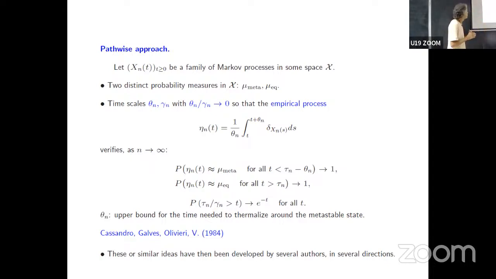This was back in '84, and since then, this has been developed by several authors in several directions, but it has been a kind of reasonable proposal, and we call it the pathwise approach because it looks at the trajectories of the process, be this process one type or another.